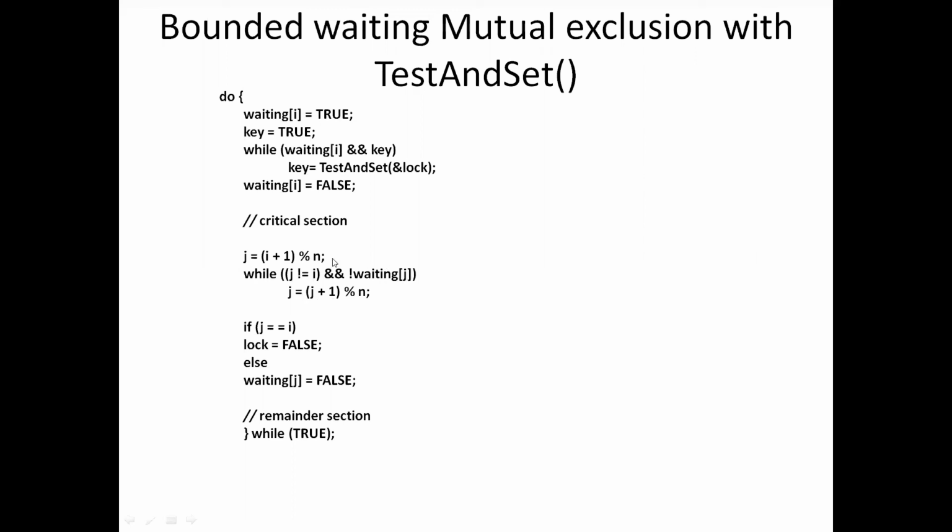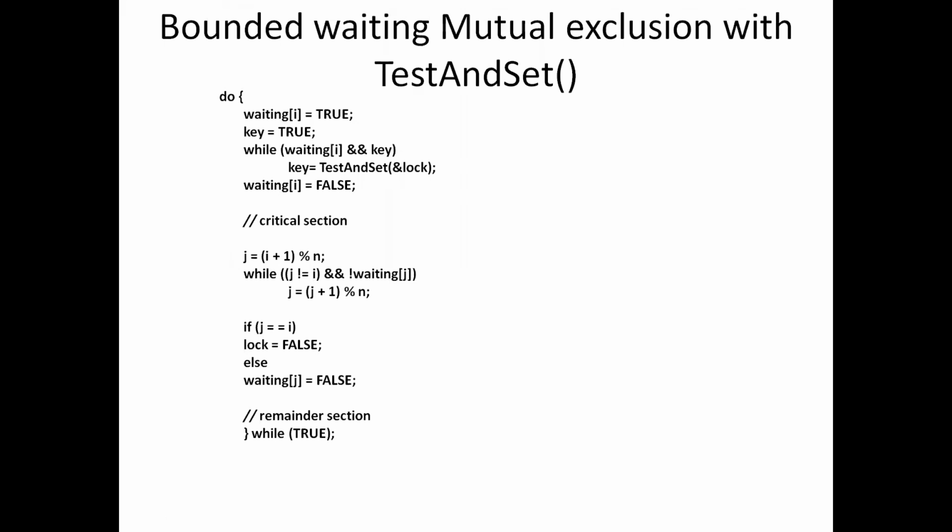So if any other process is in the critical section, this process will be waiting for entry into the critical section. If j is equal to I, then we set lock equal to false. That means we are releasing the lock.